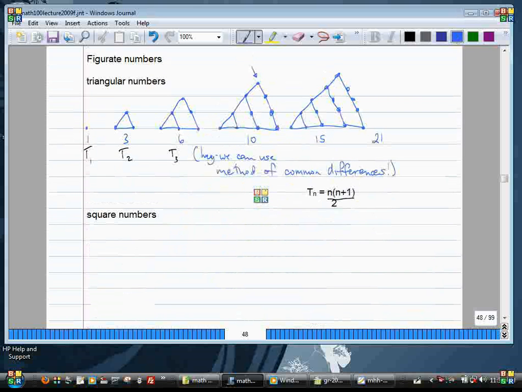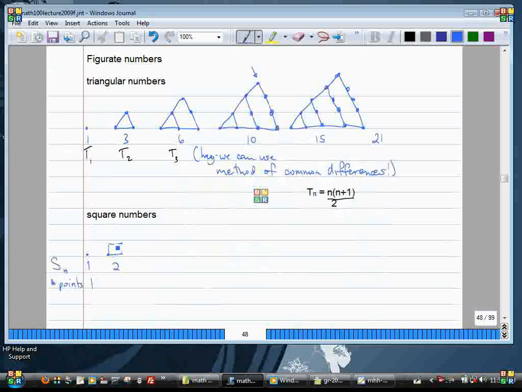Alright. So the first one is always, we're just going to make 1 dot. So this is the first square number, and its number of points is 1. What does the next square look like? Well, it's just going to be 1 little box. And how many points?